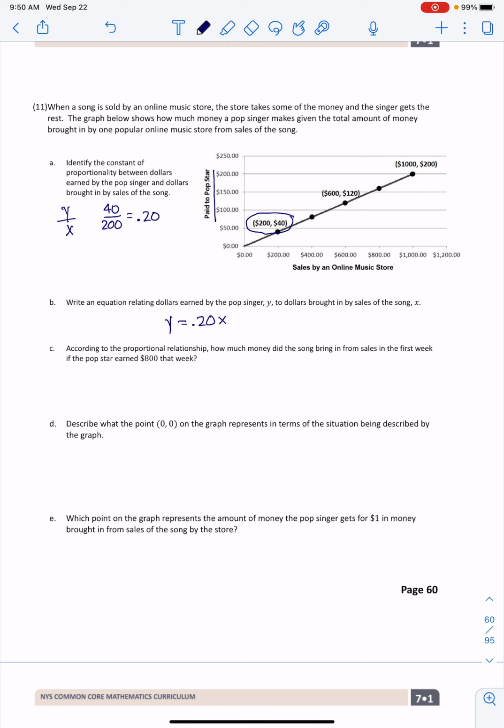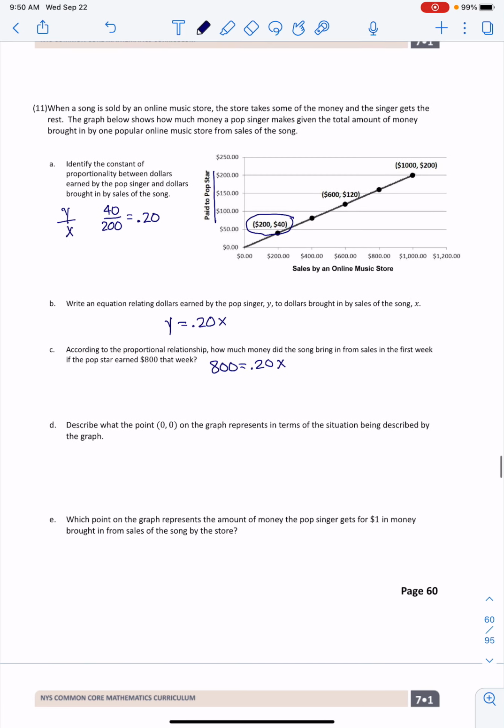So 800 equals 0.20x. So I am going to divide both sides by 0.20, or simply divide 800 by 0.20, either way, and we are going to get $4,000.